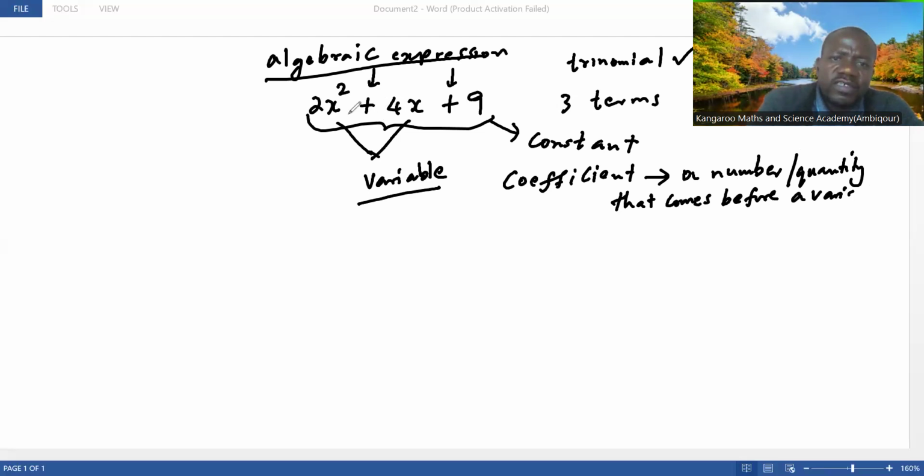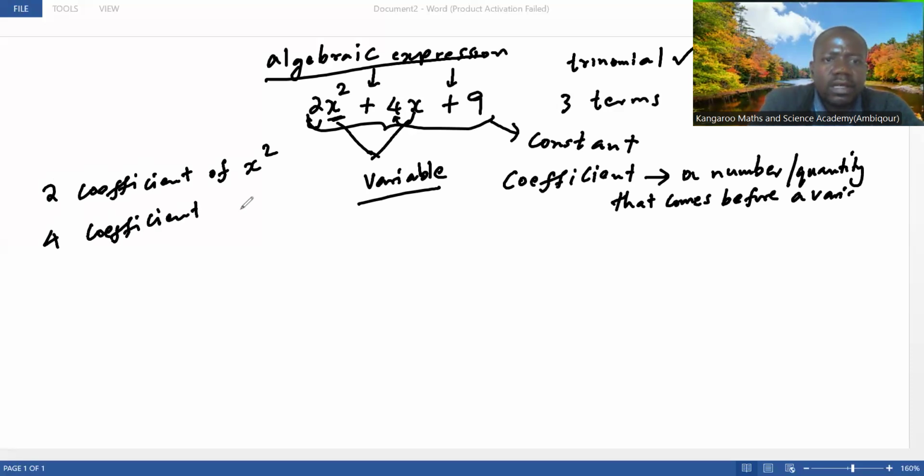So if this is the variable, there's a number here. These are called coefficients, which means 2 is the coefficient of x squared. Then 4 is the coefficient of x. Very important.